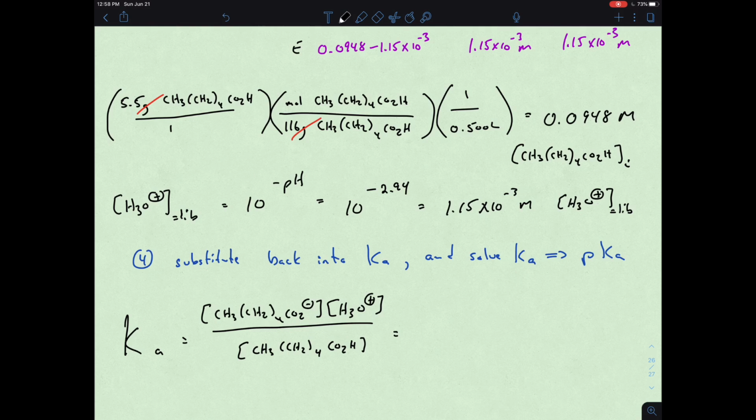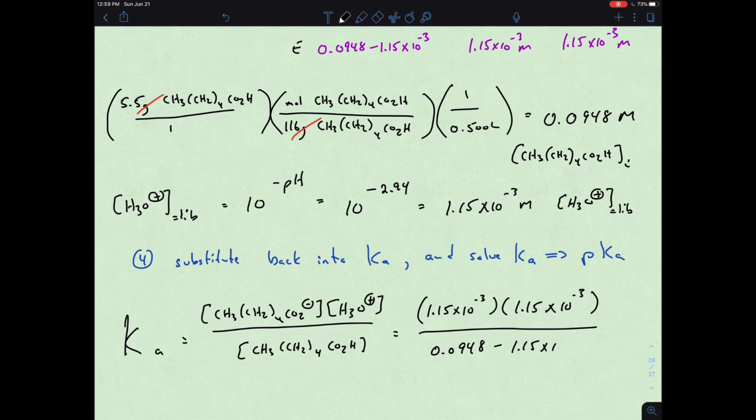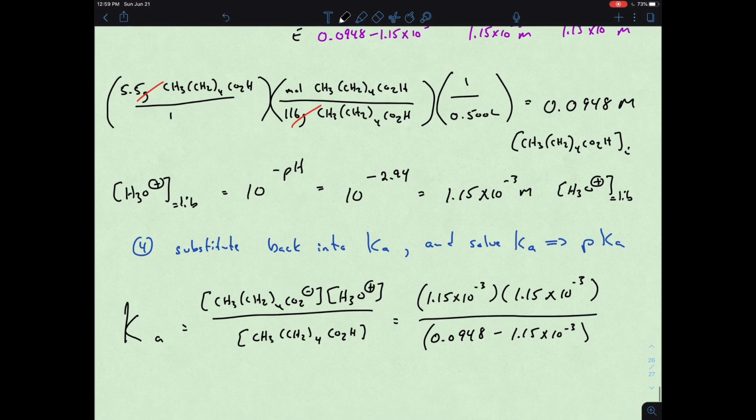And so going back up to that table, we would have 1.15 times 10 to the negative third for the concentrations of both our products, the caproate and the hydronium ion. And then we would have 0.0948 minus that value of change for our starting material, the caproic acid.